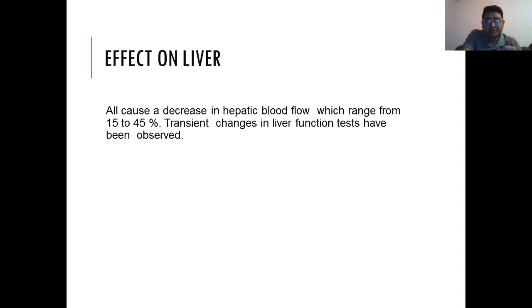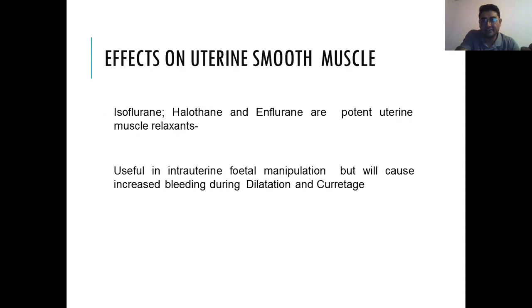But it is not important because the procedure will continue for 1 hour, for 2 hours. But if it is a long procedure of 4, 6, 8 hours, even 10 hours, then these agents should be selected carefully. Effects on uterine smooth muscles.